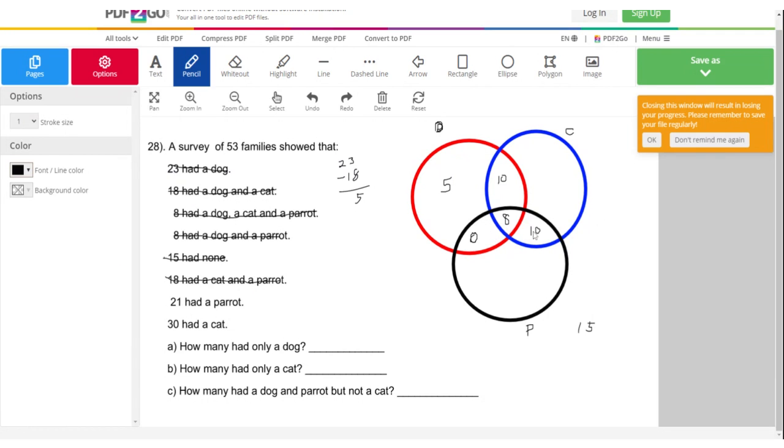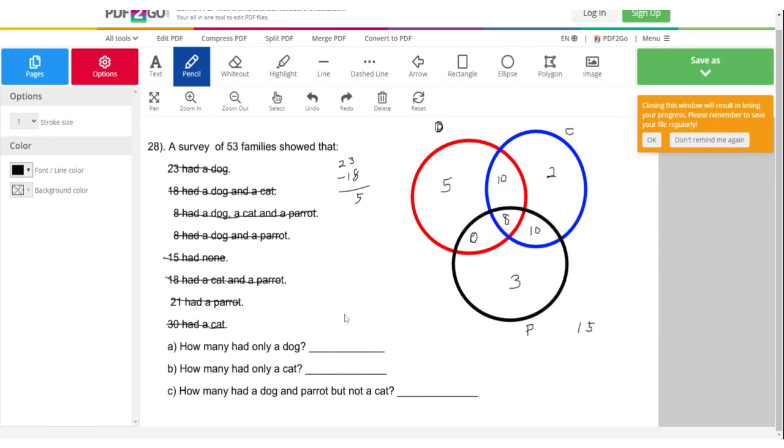So again, it's 18. So that's 3, right? 18, 19, 20, 21. So there's 21 in there that had a parrot. And then 30 had a cat, so that's 28. So there's 2 more. 10 and 10 is 28, plus 2 is 30 that had a cat.